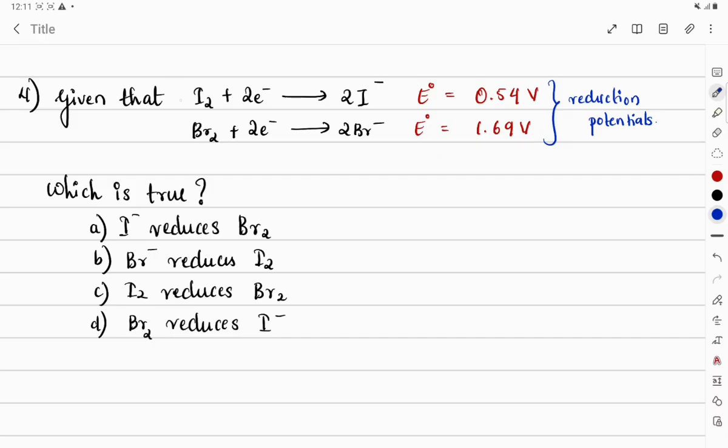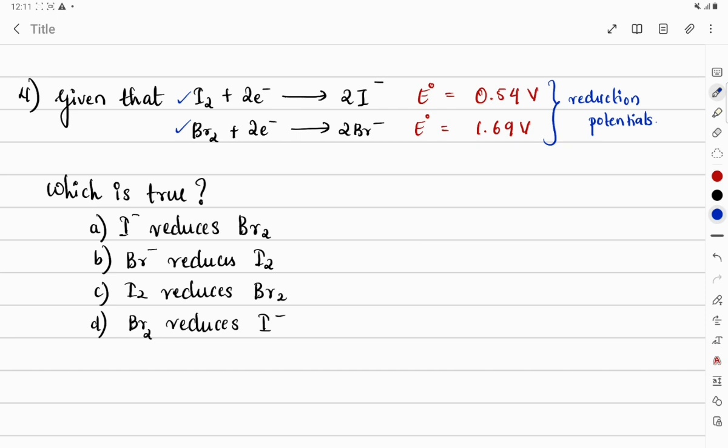What we have among these two is just the reduction of I2 into I minus and Br2 into Br minus. So using an iodine electrode and a bromine electrode, we are supposed to construct a cell. While constructing a cell, we are the ones who should choose which should be anode and which should be cathode.